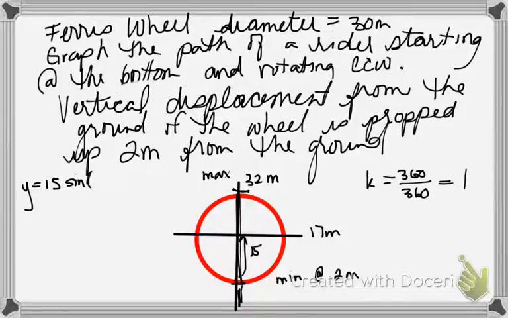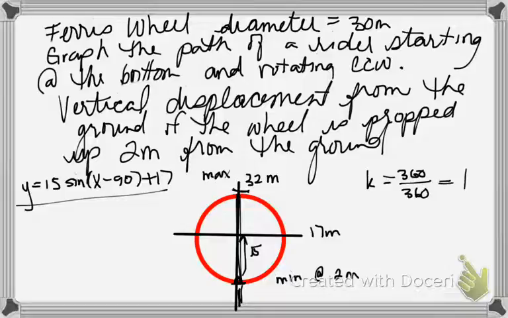They're also starting at the bottom, so that means that the shift is going to be 90 degrees to the right. And my C value shift is just this middle value, so it's 17. Okay, so there's my equation.